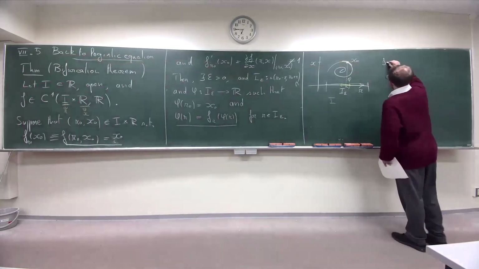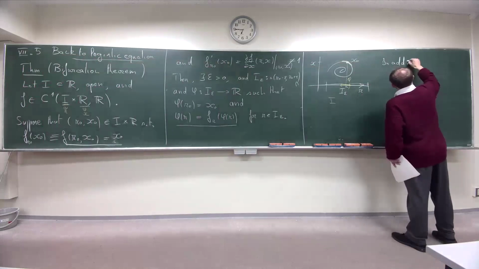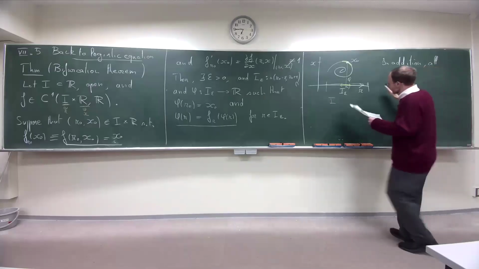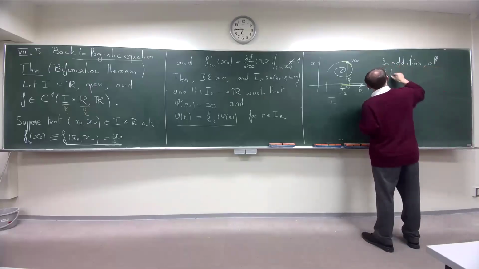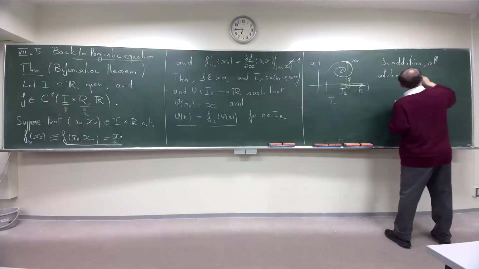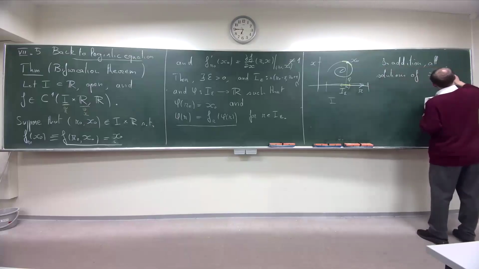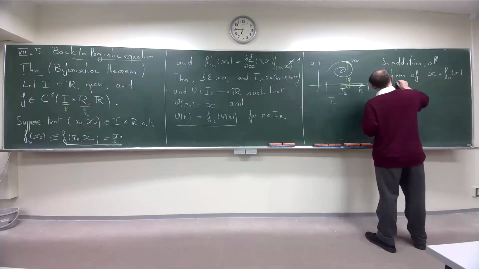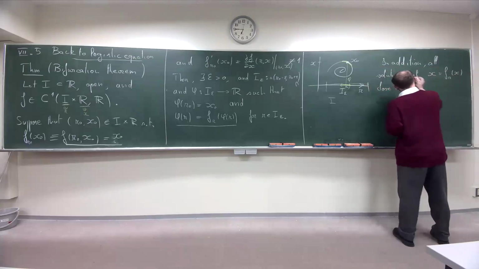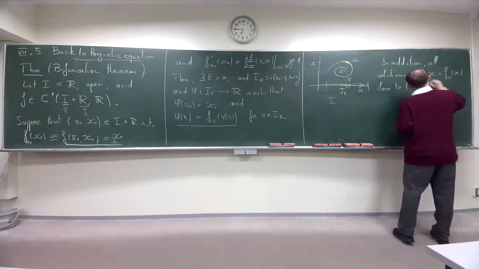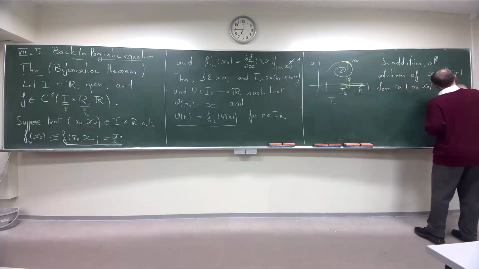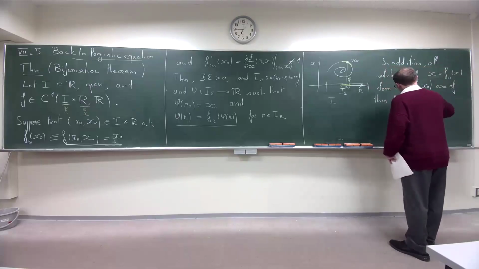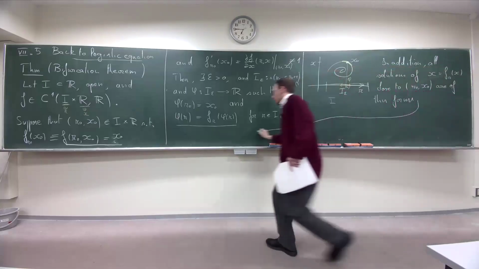In addition, all solutions of the equation x equals f_R of x close to the pair R0, x0 are of this form. And what is this form? It means precisely this form here.